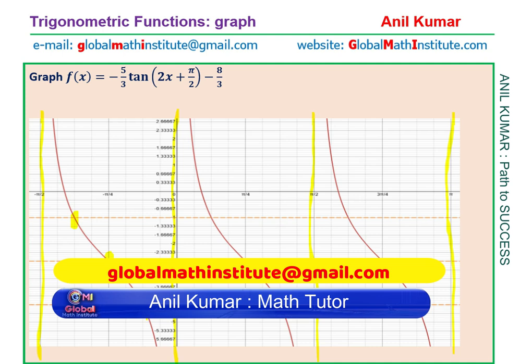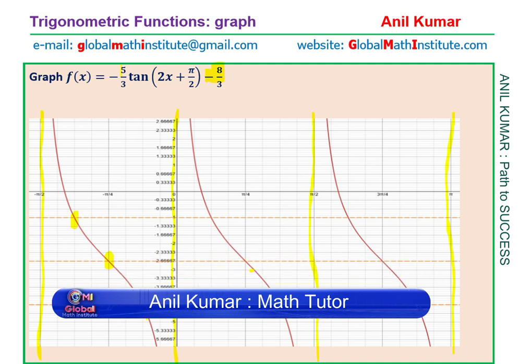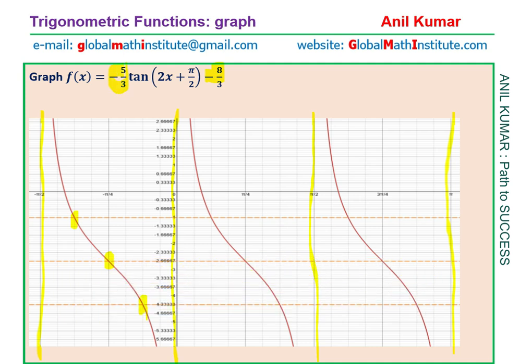The orange lines shown here are horizontal translation of minus 8 by 3, and from there moving 5 by 3 up and 5 by 3 down. So that's a very easy way of getting these points, right? So this point is minus 8 by 3. This point here is minus 8 by 3 plus 5 by 3, and this is minus 8 by 3 minus 5 by 3.